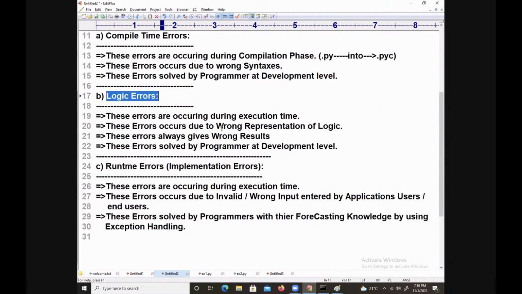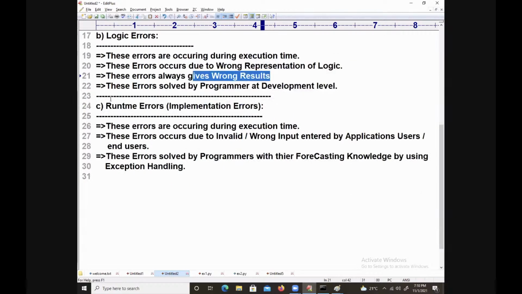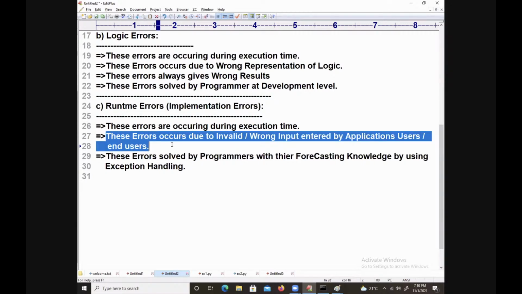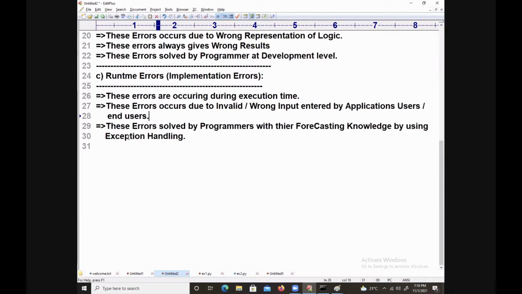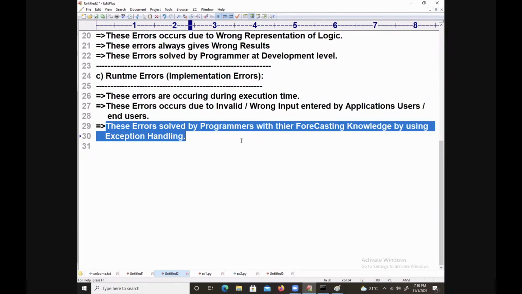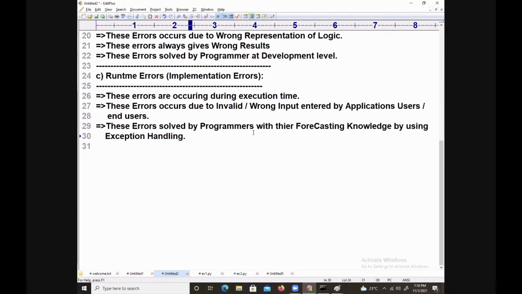Logical errors come because of wrong representation of logic, and wrong results come. Runtime errors occur during execution time. These errors occur due to invalid input entered by application users or end users. These errors are solved by programmers with their forecasting knowledge by using the exception handling concept. I hope you are understanding.